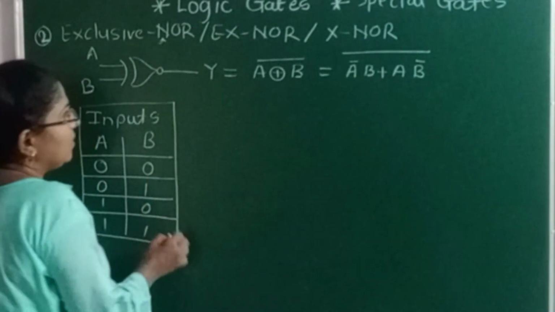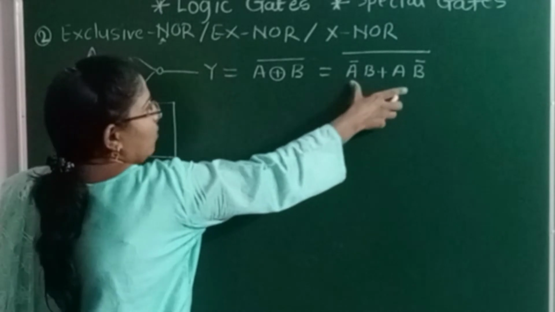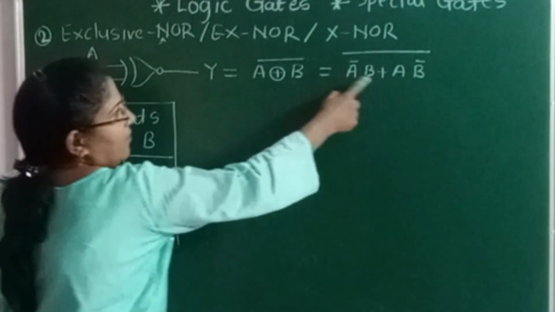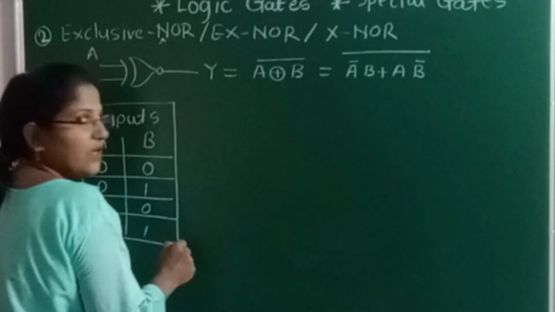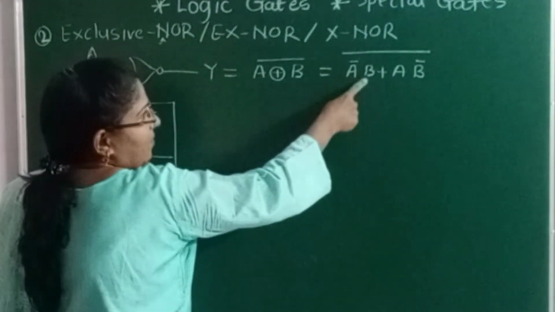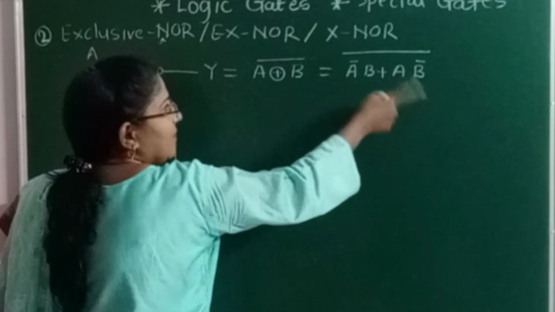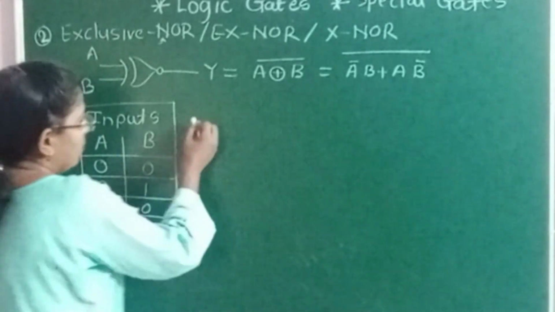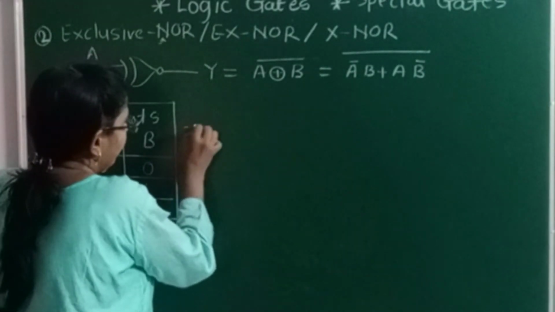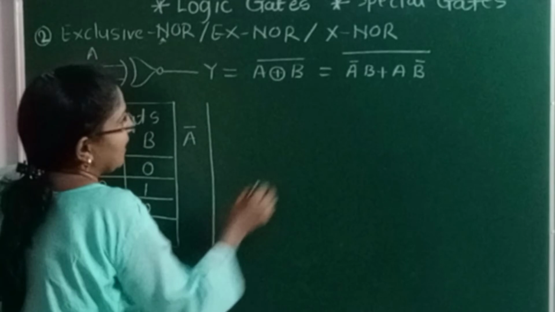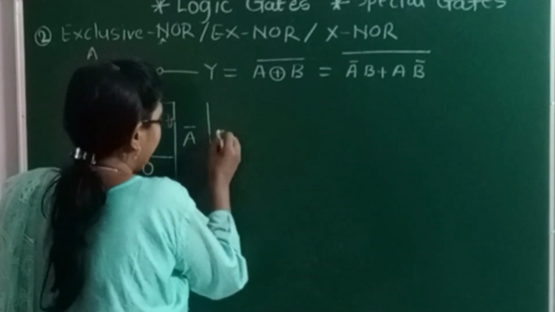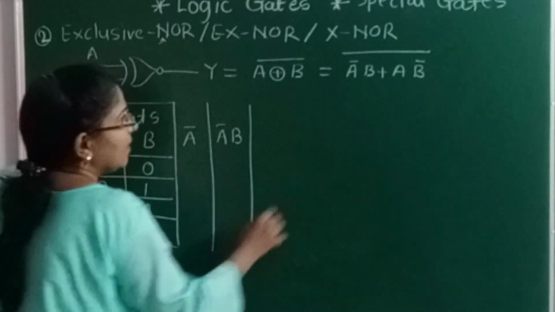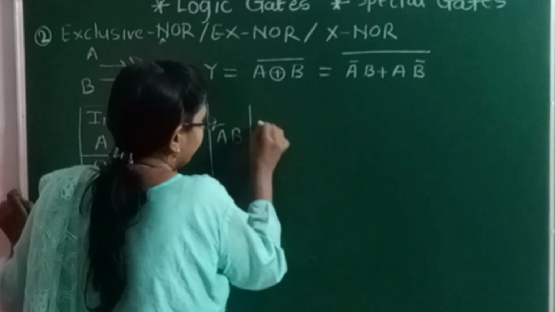Now, whenever we are trying to find out the output, which things must we know? The value of A complement, the value of B complement. Then we need to find out the A complement B as well as A B complement, then their addition and then the final complement. So I will write here A complement. Then I need to find out the A complement B. Next I need to find B complement.